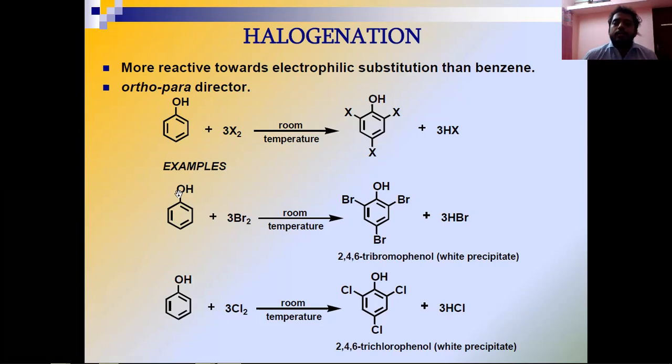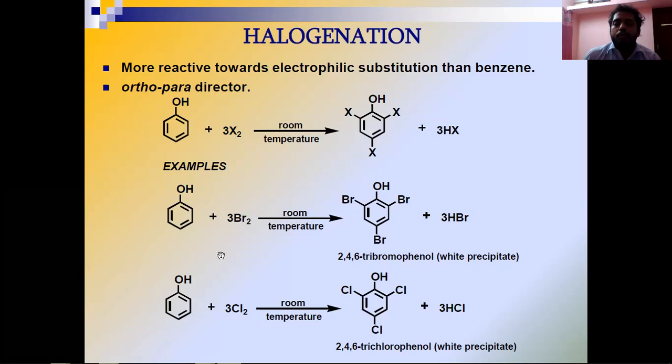That is illustrated by this reaction where phenol reacts with excess bromine at room temperature to form 2,4,6-tribromophenol, which appears as a white precipitate along with the elimination of HBr. Here one hydrogen and one Br are eliminated as one molecule of HBr, and the adjacent Br gets attached here.